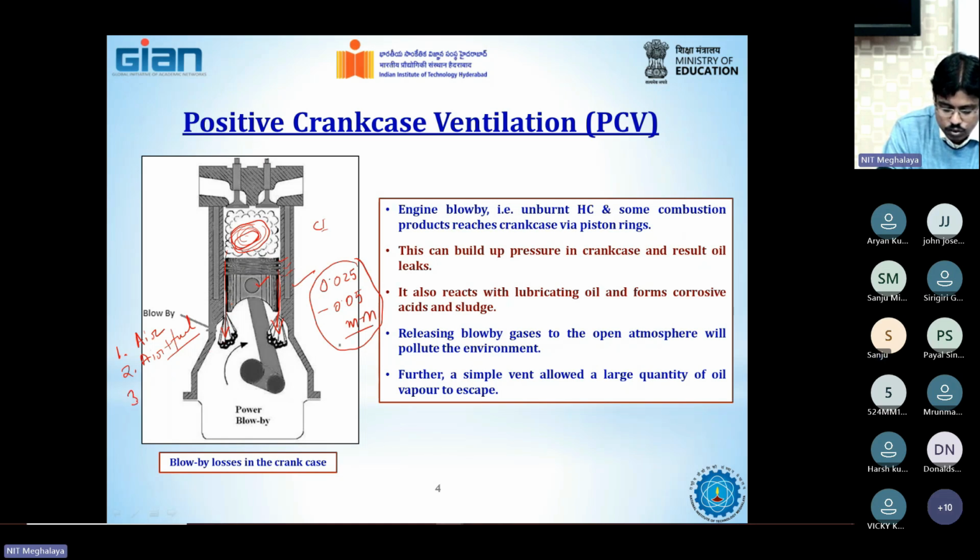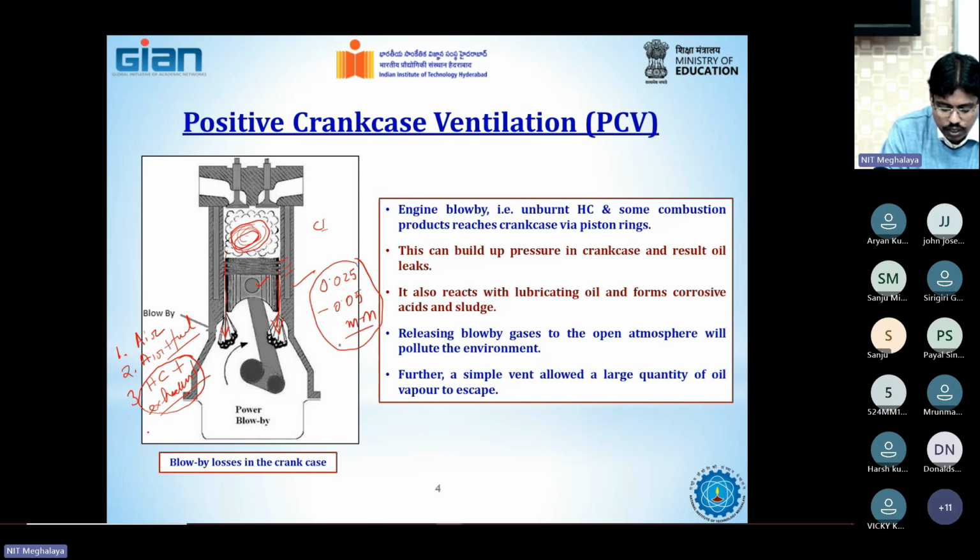The third case, which is the most common or most considerable case, is the incompletely burned mixture of gas and fuel, primarily hydrocarbon, which may leak through this along with a certain amount of exhaust. So the leakage of hydrocarbon and exhaust is found to be higher.